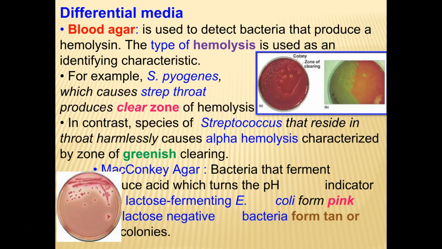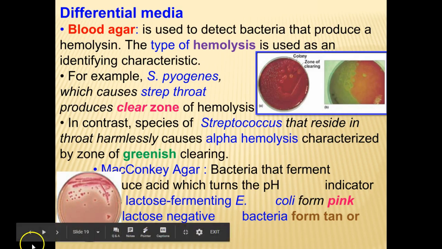Whereas lactose-negative bacteria will form tan or whitish, cream-colored colonies. They don't turn pink because there is no acid being produced. They're not a fermenter. All right.